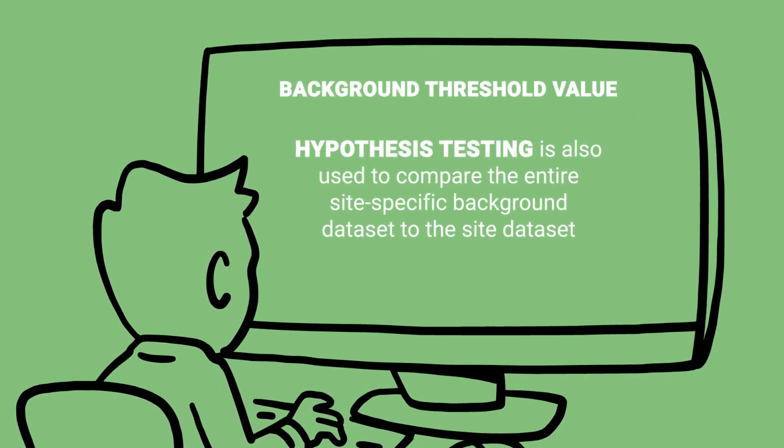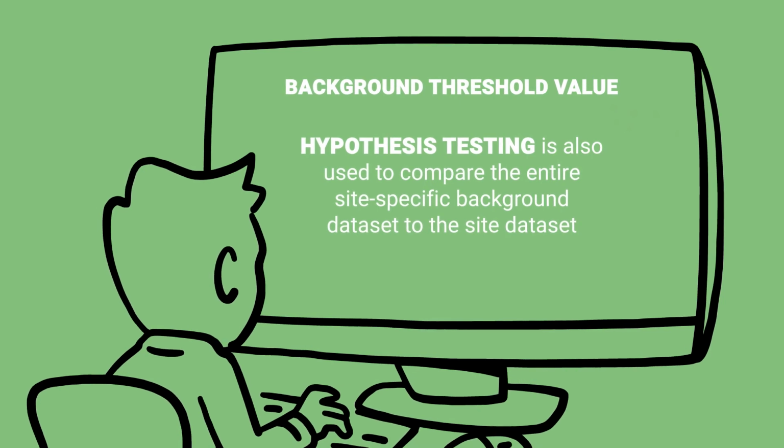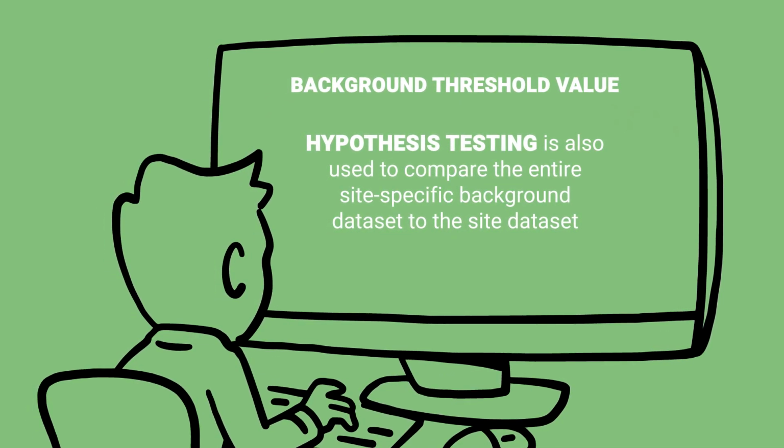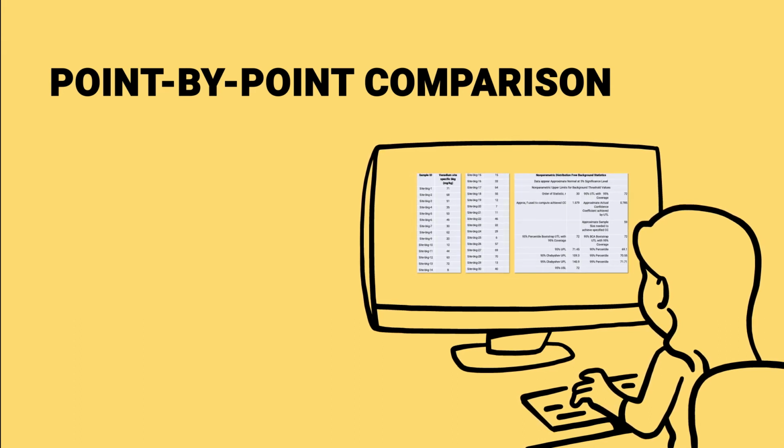Please refer to Section 11, Table 11-5 of the ITRC guidance document for details on the different hypothesis tests, including advantages and disadvantages. Similar to what was done with the default BTV, all of the contaminant concentrations were compared to the site-specific BTV to determine if any exceeded, and if so, how many and by what magnitude.